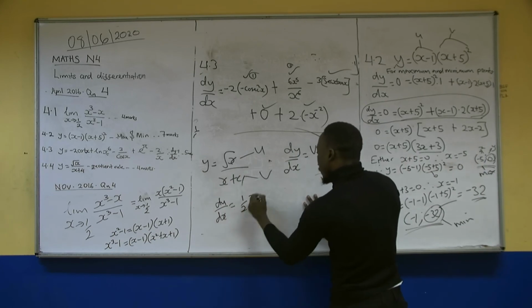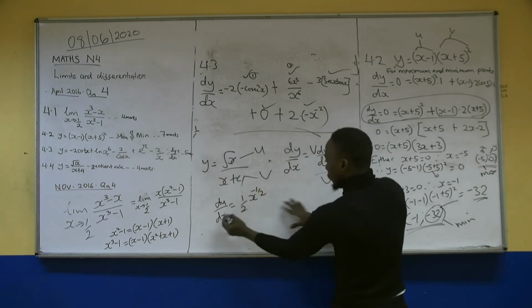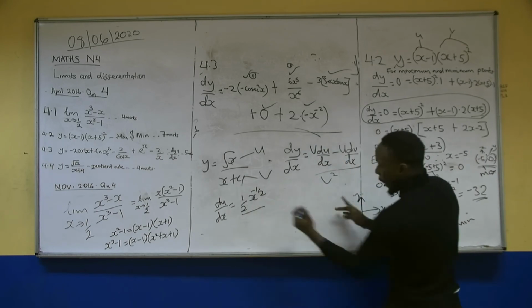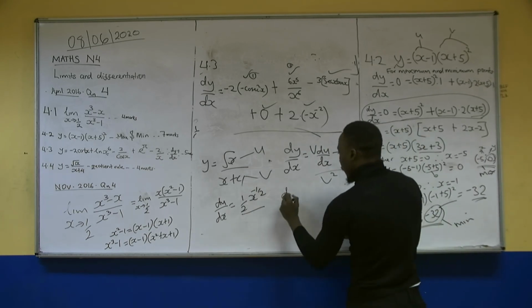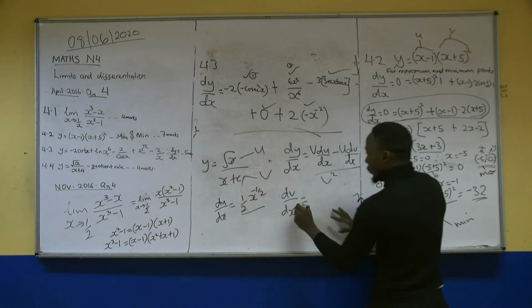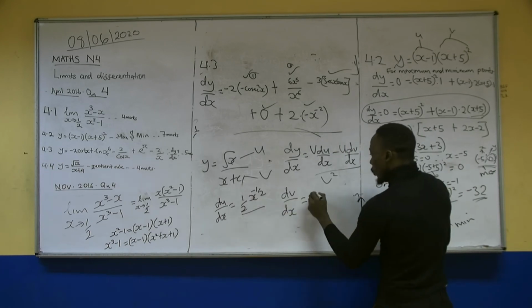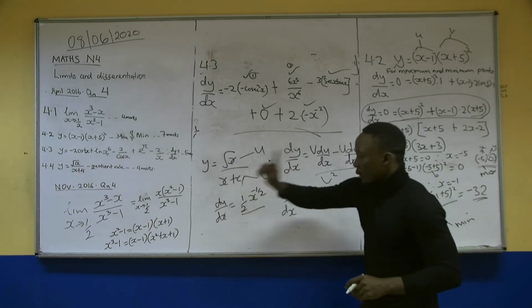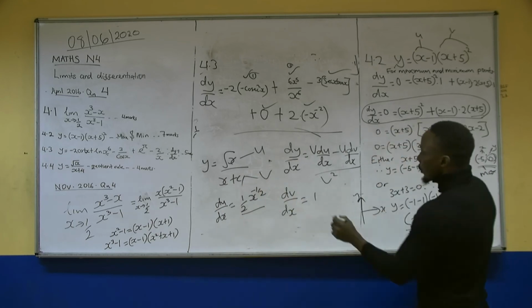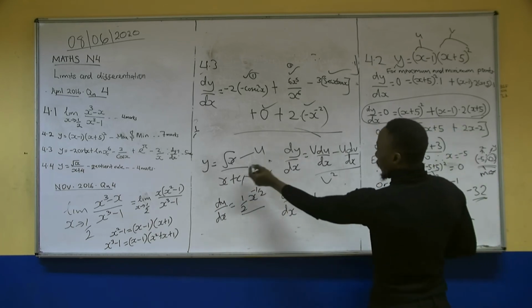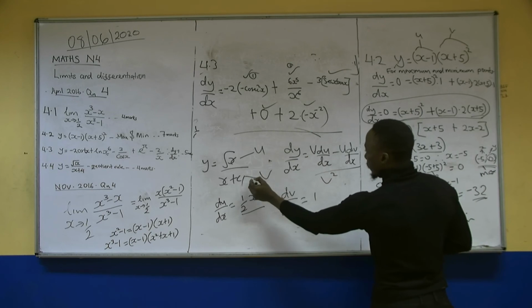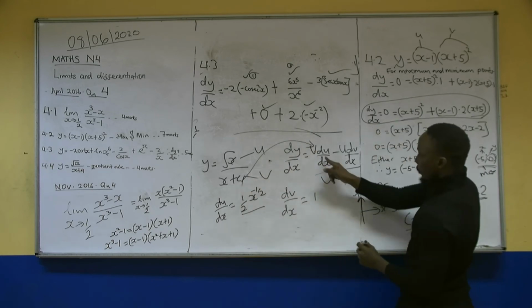When you differentiate for du dx, the power comes down and the power decreases by 1, so du dx is a half x to power negative a half. And dv dx: differentiate x, you get 1, differentiate 4, you get 0.